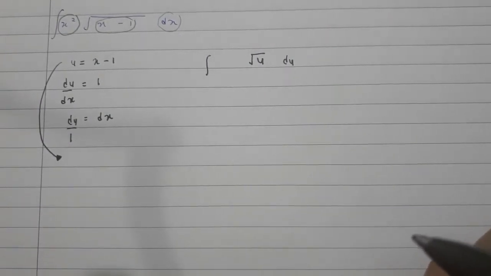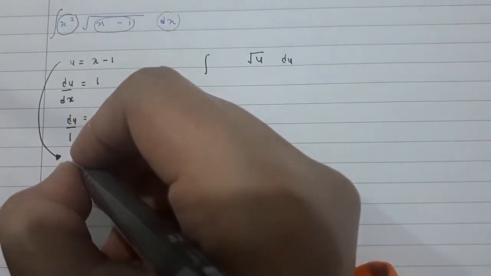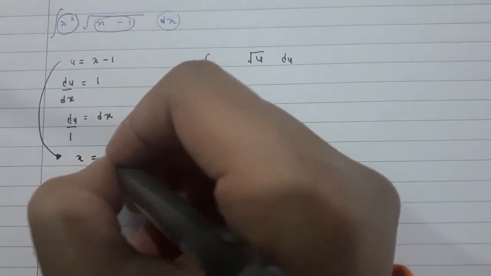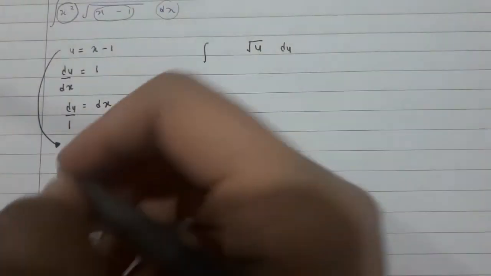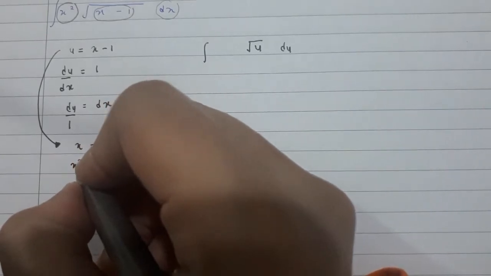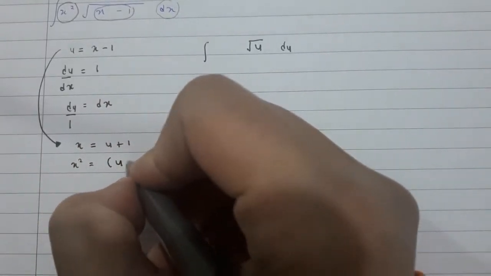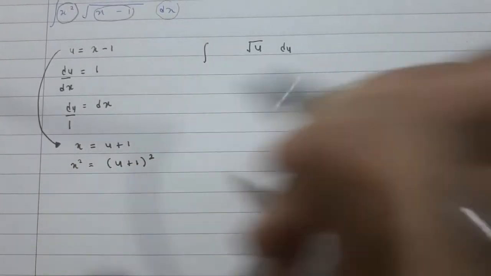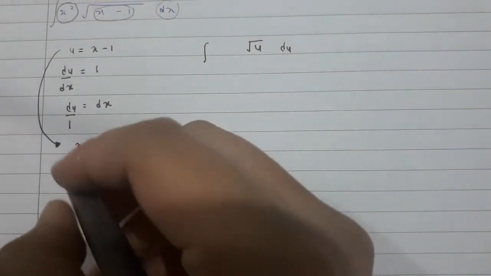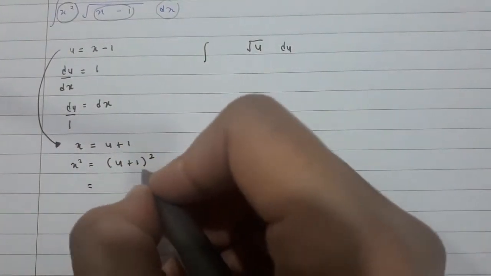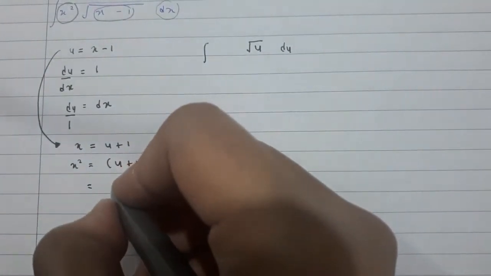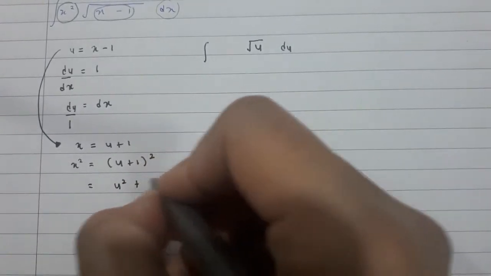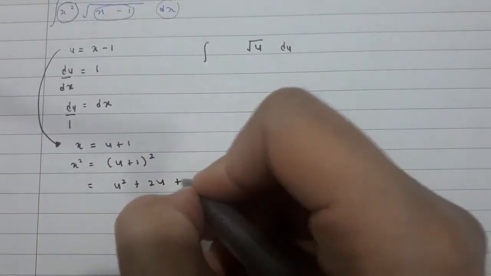u equal x minus 1, therefore x will equal u plus 1. And then x squared equal (u plus 1) squared. We can expand (u plus 1) squared: u squared plus 2u plus 1.